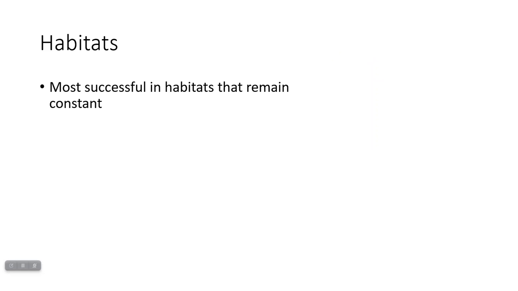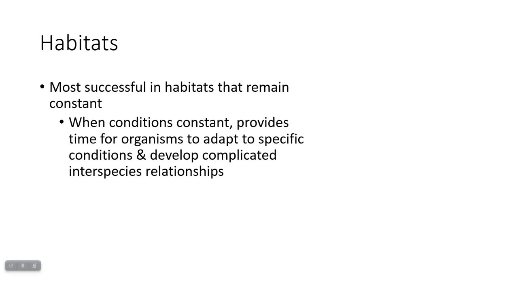So if you have a habitat that hasn't changed for the past several hundred or several thousand years, you'll probably have a lot of different specialists taking advantage of the very narrow niches that they tend to develop. This is because they tend to have a long period of time to adapt to their environment. Adaptation takes many, many generations. And so, after all of this time, they're adapted to or specialized for their specific environments.